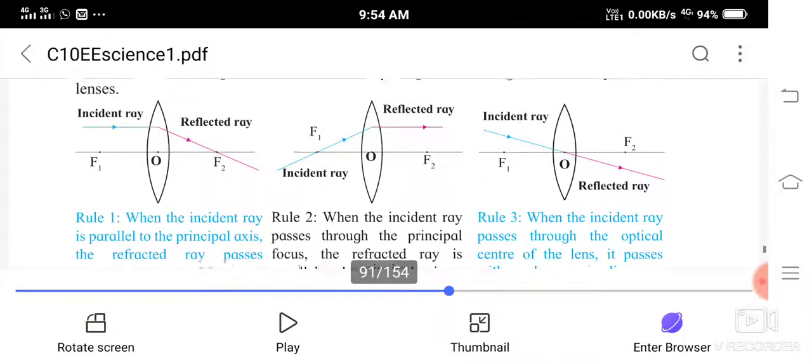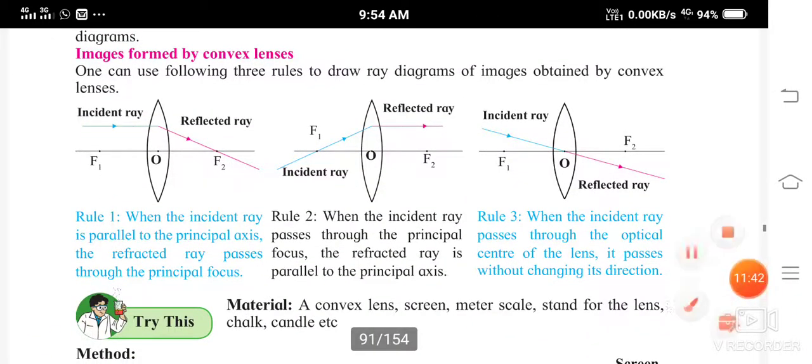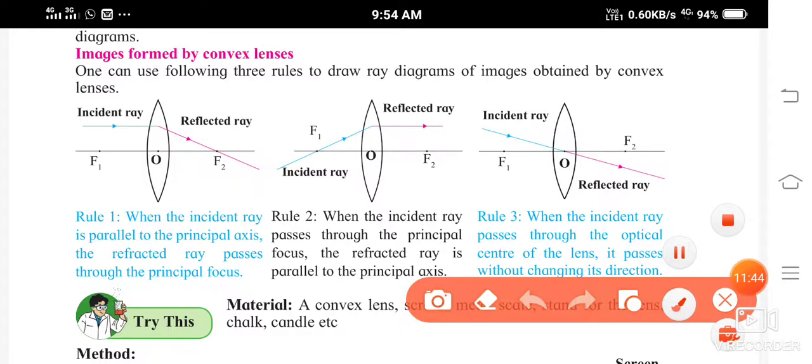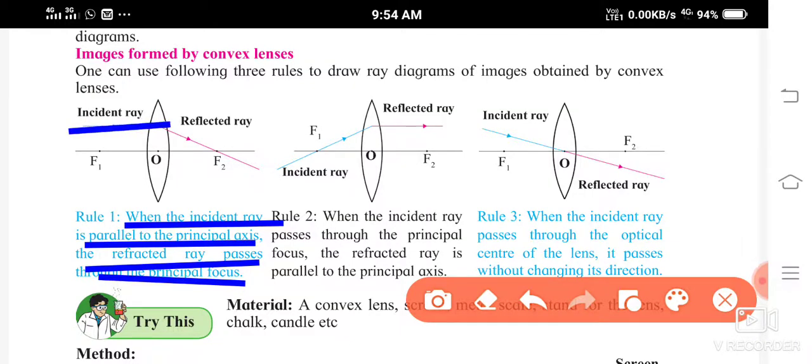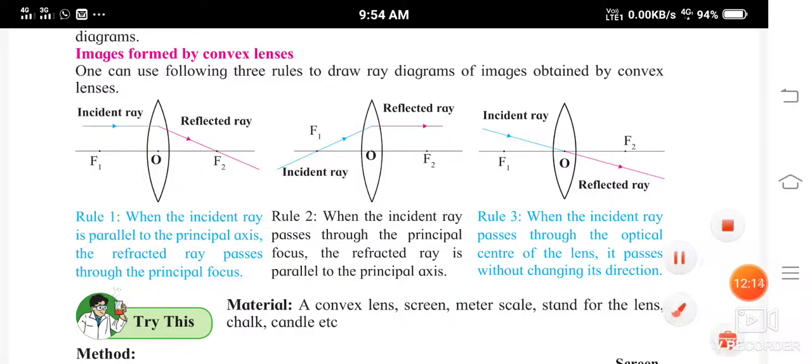Now, these 3 rules are going to be very important. So what are the 3 rules? Rule 1: when the incident ray is parallel to the principal axis, the refracted ray passes through the principal focus. You can see here the incident ray is parallel to the principal axis, and the refracted ray passes through the focus. The second rule: when the incident ray passes through the focus, the refracted ray will be parallel to the principal axis.